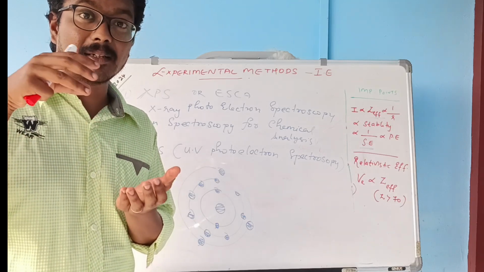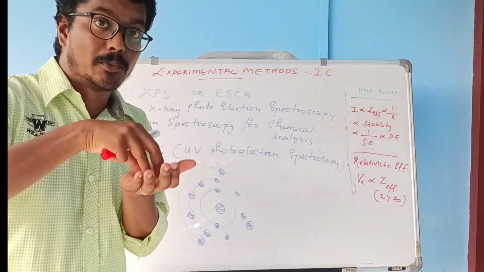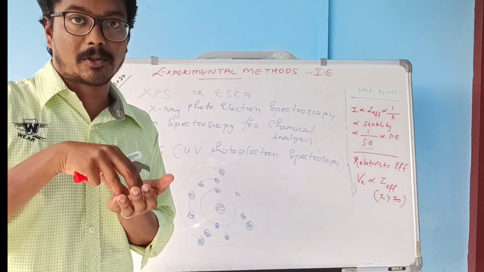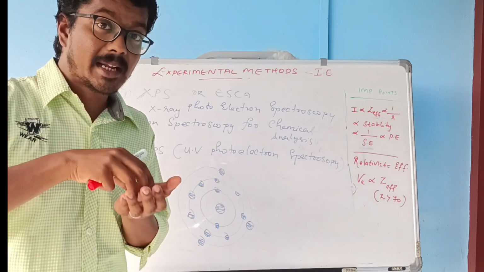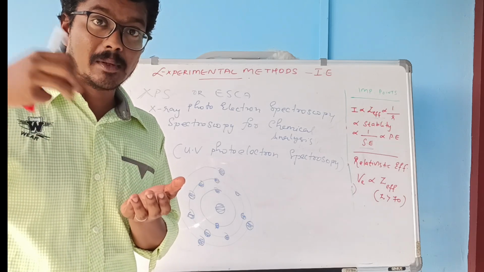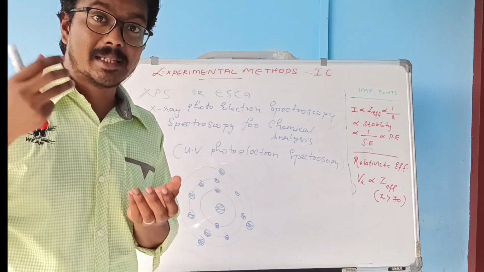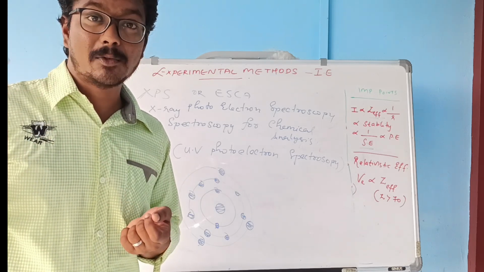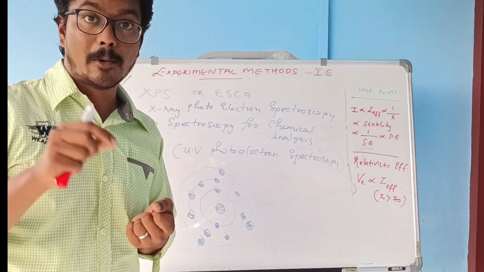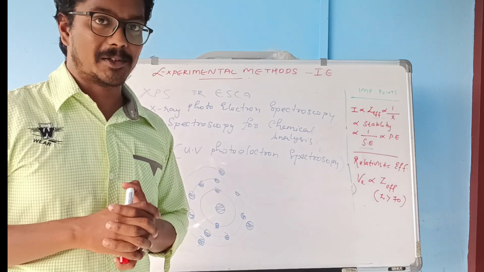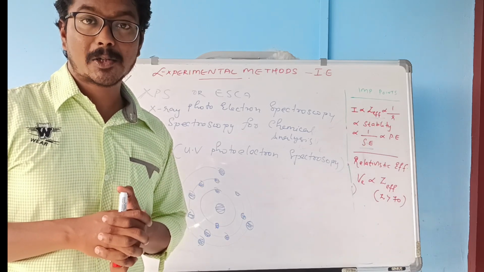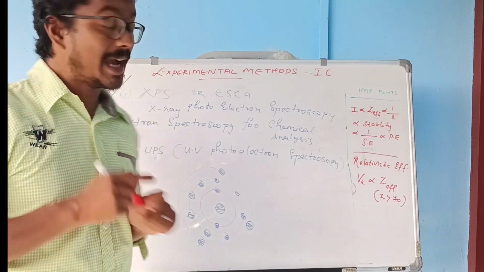The energy required to bind the electron to the nucleus is the binding energy of the electron. So we are trying to remove the electron by supplying some energy, which is equal to the ionization energy or the binding energy of the electron. So we can also say that electron binding energy is equal to ionization energy.